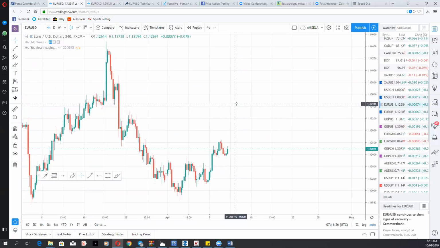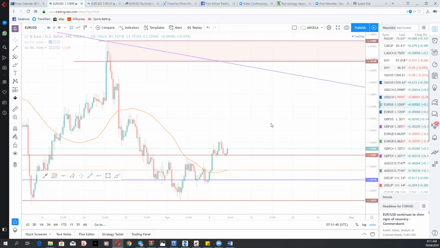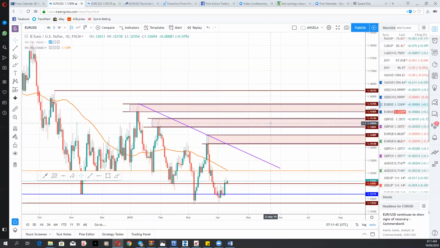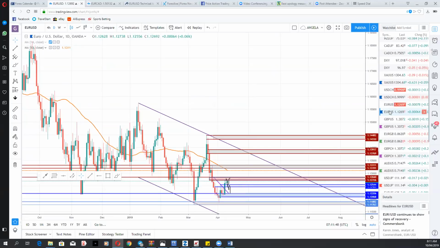So the next one we'll be looking at is the EURUSD. Looking at the EURUSD from a daily point of view, yesterday's candle closed with a long upper wick.